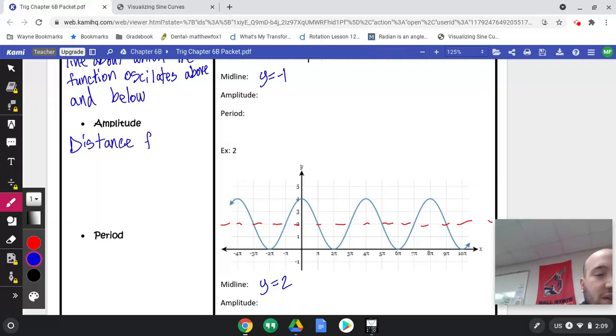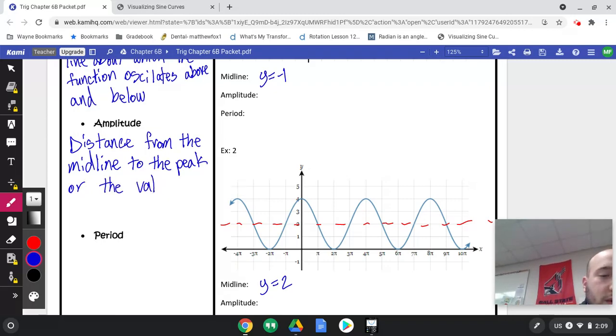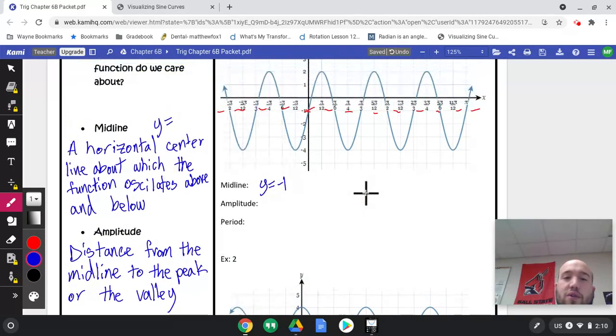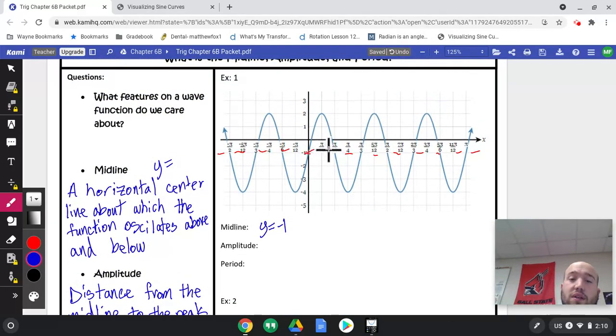So it's the distance from the midline to either the peak, which is our maximum, or to the valley, which is your minimum. Now, if we look at this first one up here, we start at the midline, up 1, 2, 3. So that is an amplitude of 3.